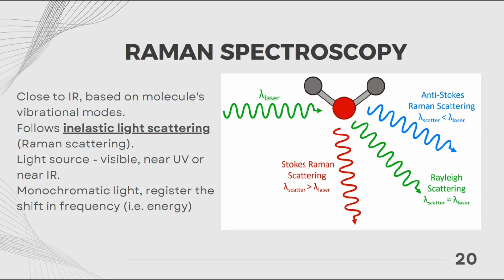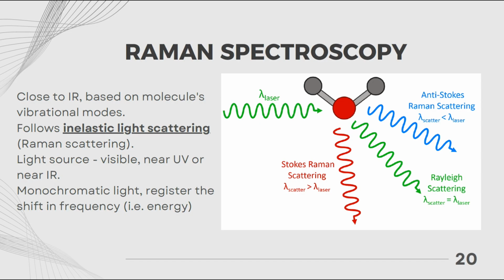And as a light source, we use a laser, but a laser of these ranges. So it is visible or near UV or near infrared. It means that both of them, near UV or near infrared, are very close to the visible light range.